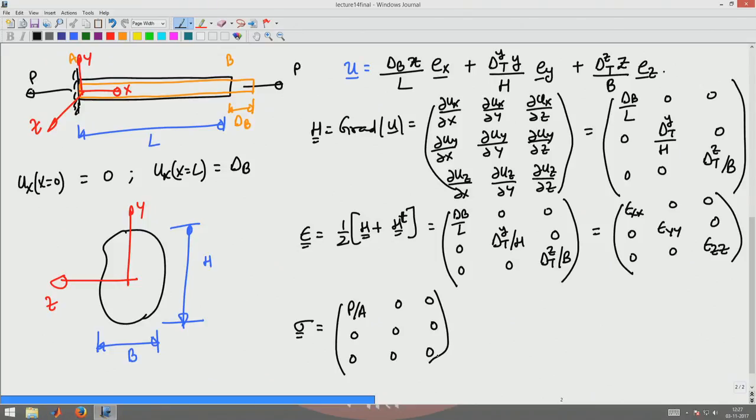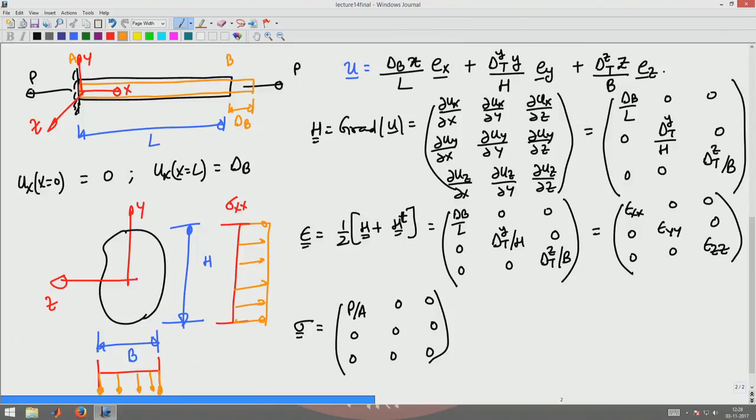This is because I am assuming that sigma xx, which is the component of stress due to the applied force, is uniform along the depth and uniform along the width of the cross section, or it is uniform over the entire cross sectional area. That is the assumption that I am making in here.